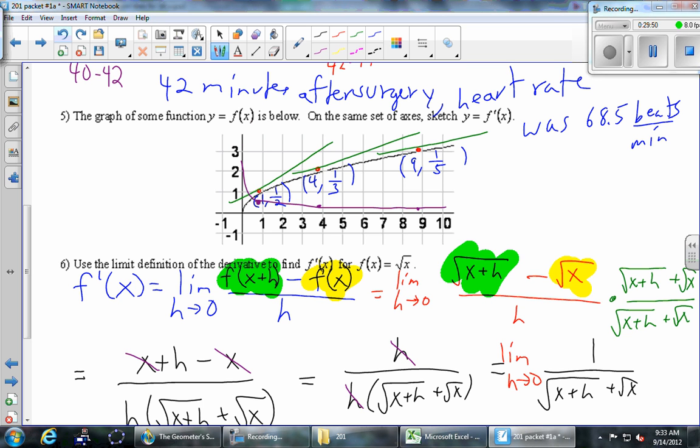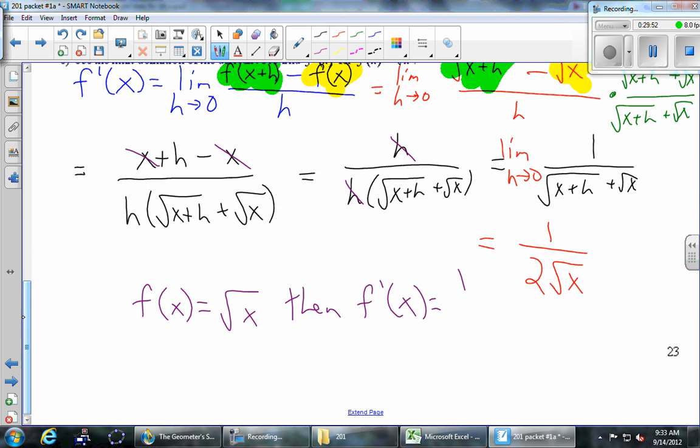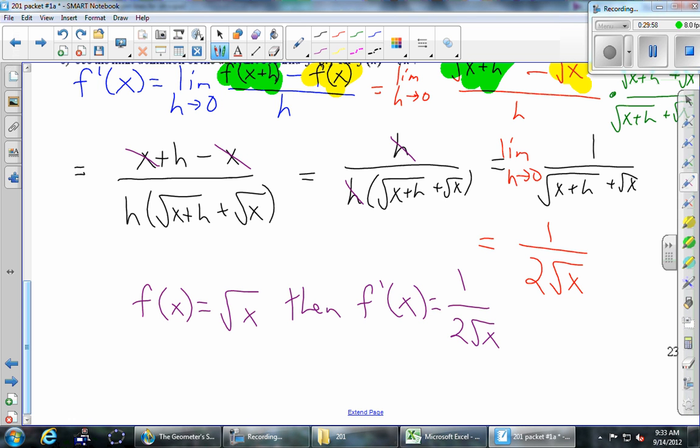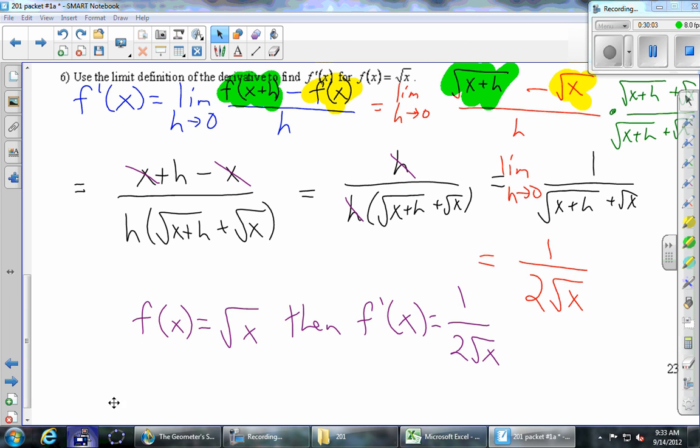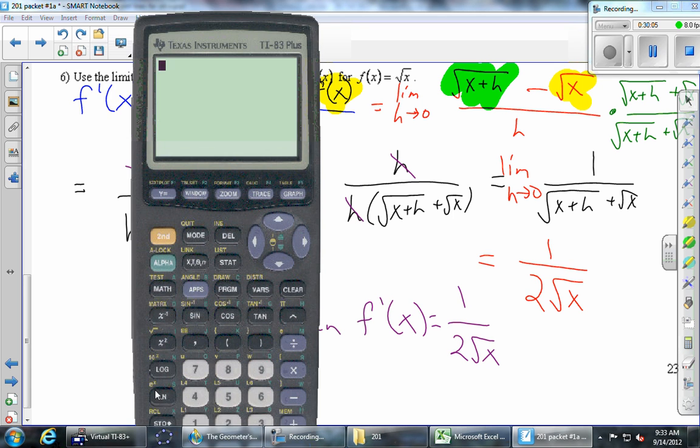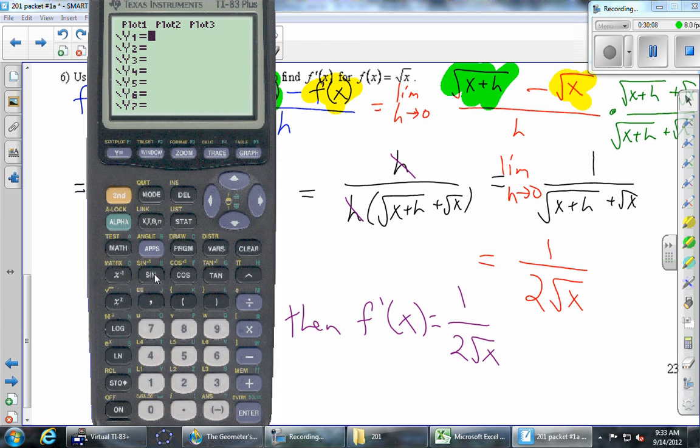Okay, and then what we figured out using all this algebra is that the derivative is 1 over 2 radical x. Now, probably we don't have a good sense of what that thing looks like. I wouldn't say that's in our standard toolkit. But, and you don't need to do this at this moment, if we just threw a quick graph in here of 1 divided by 2 square root of x, and I think we should see, okay, not a whole lot.